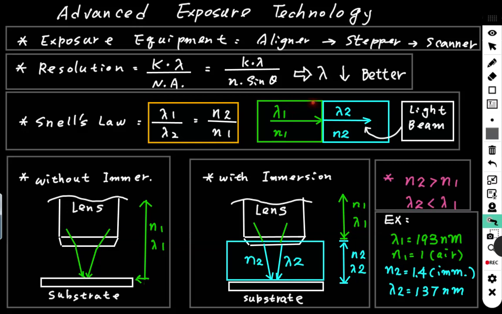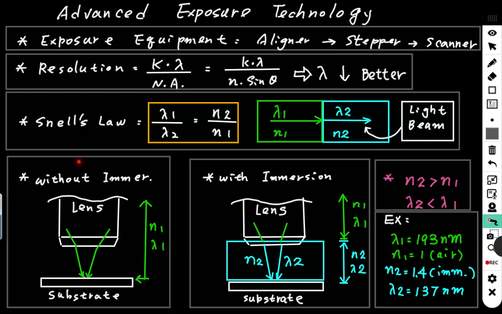When the light beam goes through material 2, it changes its refractive index to N2, and the light beam wavelength changes to lambda 2. That's the meaning of this equation.